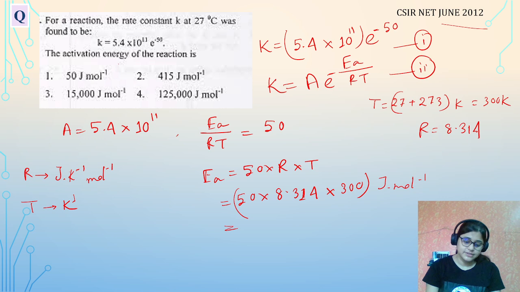So what will be the answer? I am now opening the calculator. Okay. 50 into 8.314 into 300. Do it yourself.